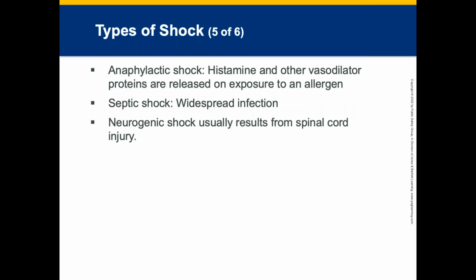Moving forward to anaphylactic shock or anaphylaxis, in which histamine and other vasodilator proteins are released on exposure to an allergen. So histamine has different receptors. They're called H receptors. There are 3 types of H receptors, H1, H2, and H3. With these receptors here, we've got to find a way to stop that histamine from being released.